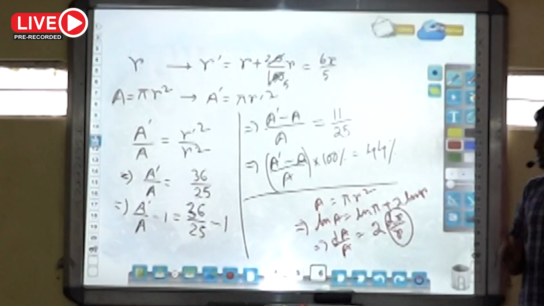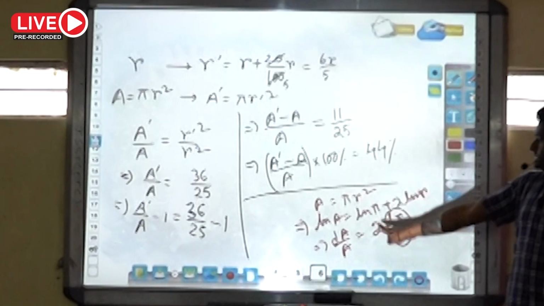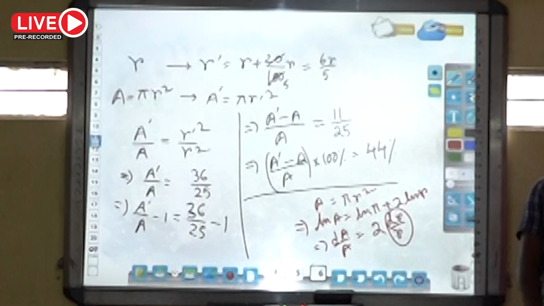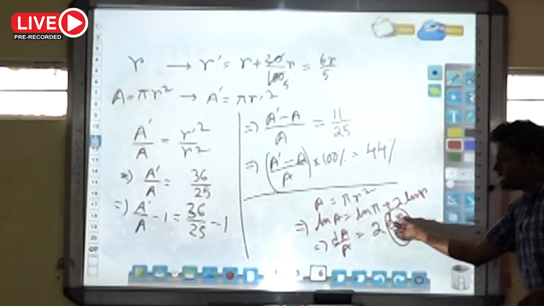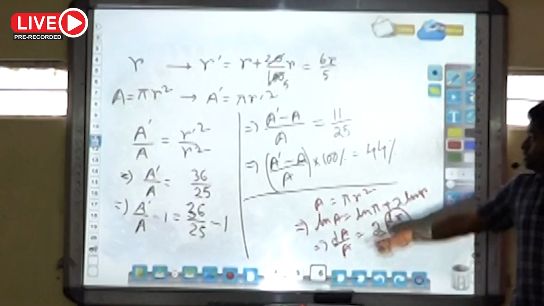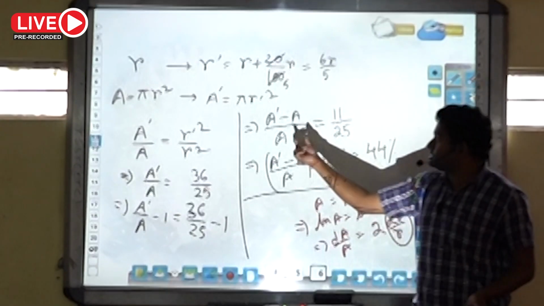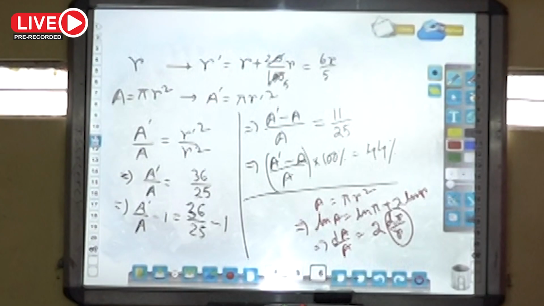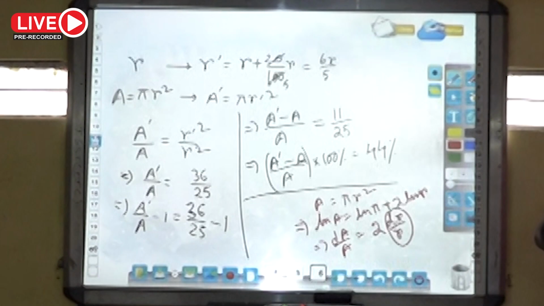But that can only be true if this error is very small. With 20% error, you cannot use this formula, because that will give you 40, which is actually 44. Because this differentiation we can do only when dr is very small. So when 20% is changing, the difference dr is not very small, so you cannot apply the techniques of calculus. Clear?